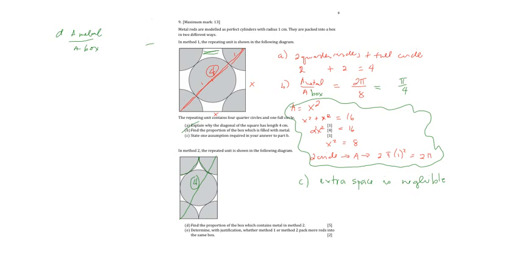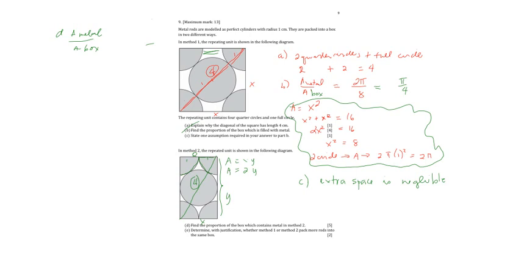Since this is 1 and this is 1, the whole thing here is 2. It becomes a rectangle now where the area of the box is x times y, where our x is 2 and our y is unknown.